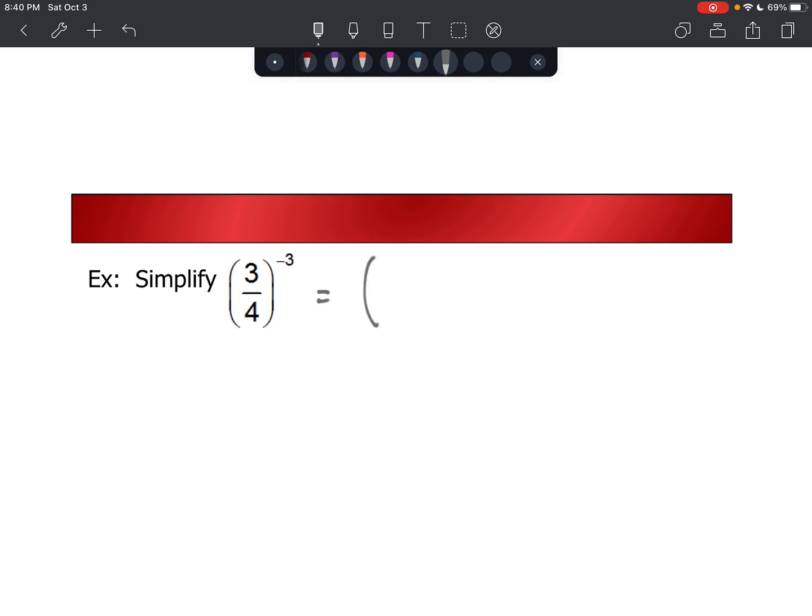That is the same as 4 over 3 raised to the positive 3 power. 4 cubed is 64 and 3 cubed is 27. So 64 over 27 is our answer.